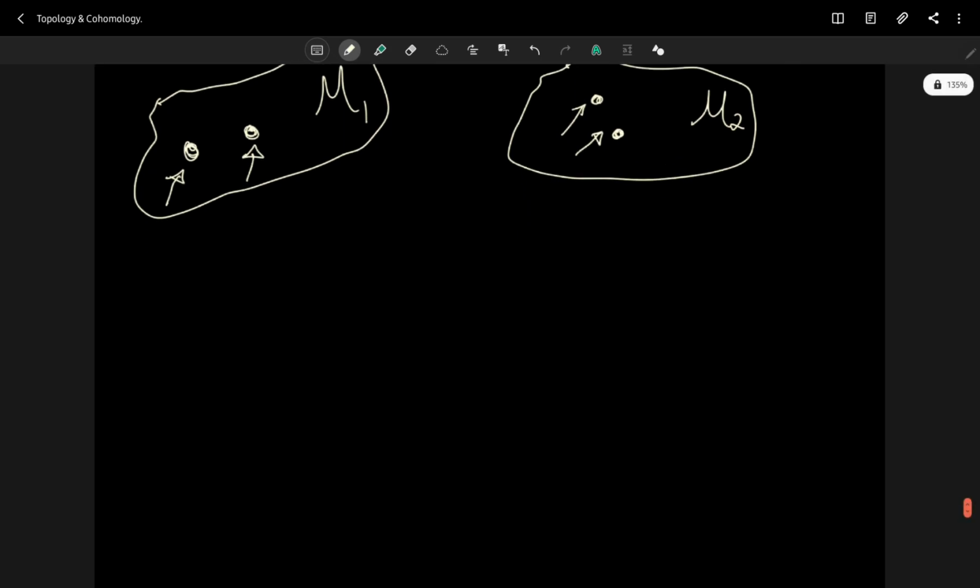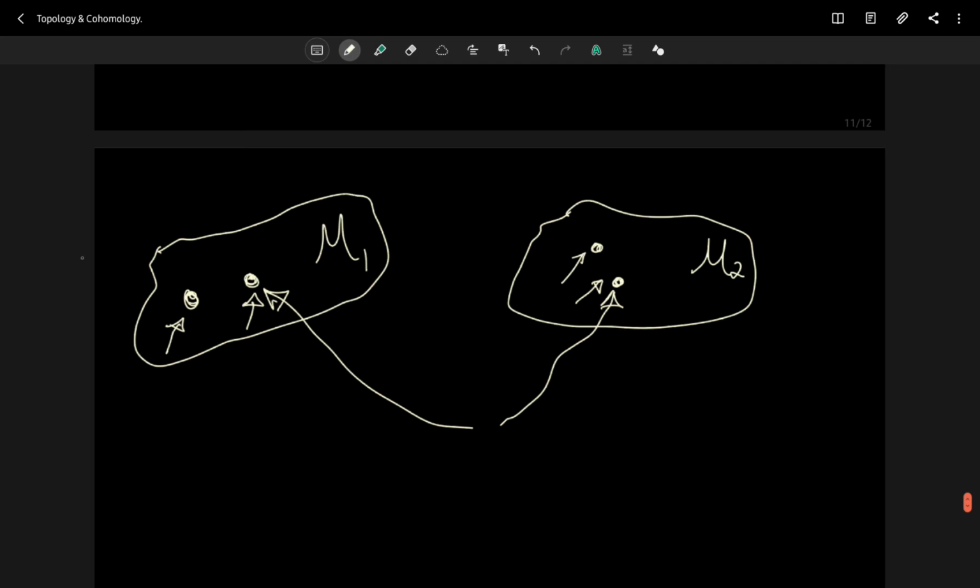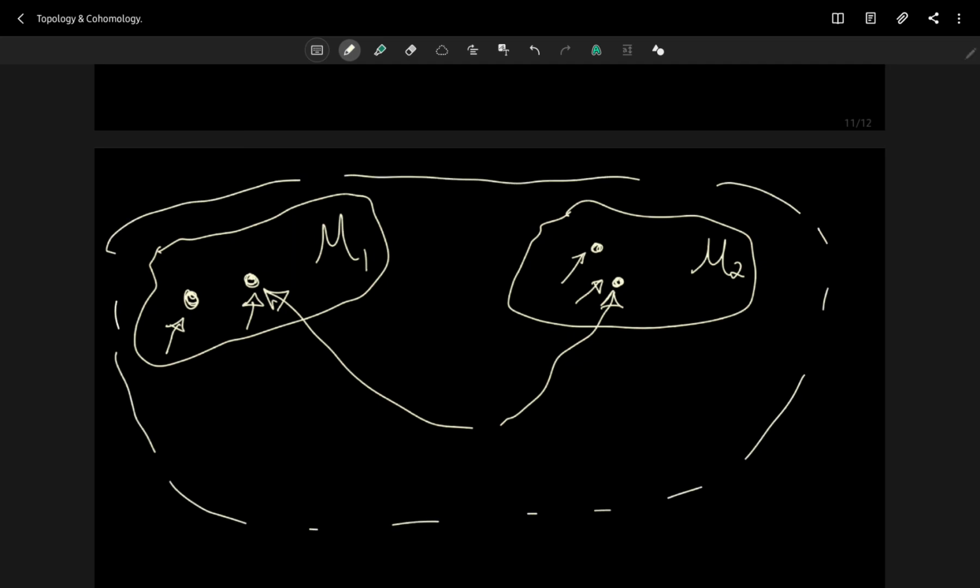But if I were to take 1 point from here and 1 point from here, then I cannot deform them into each other because they exist in completely 2 different pieces of your whole manifold M. So there could be a whole manifold M like this, and these M1 and M2 are just the connected pieces of your M manifold.